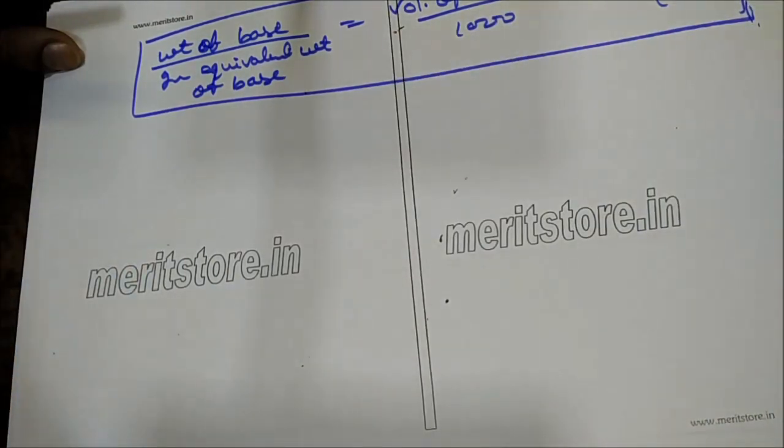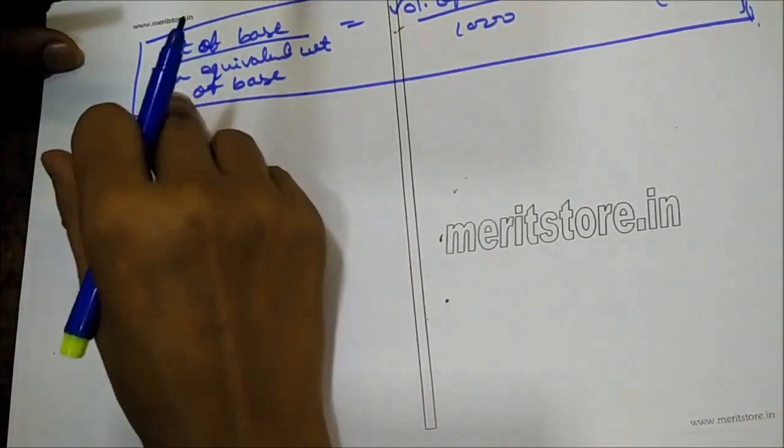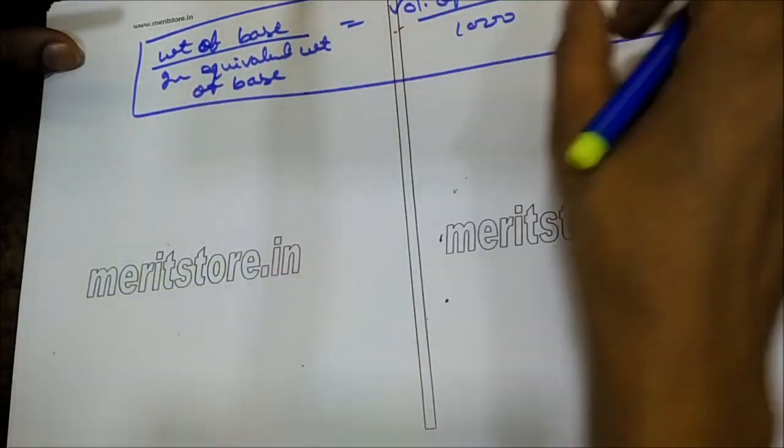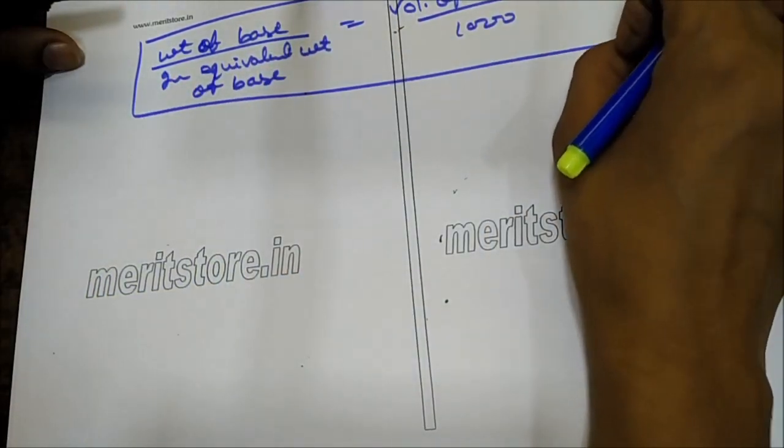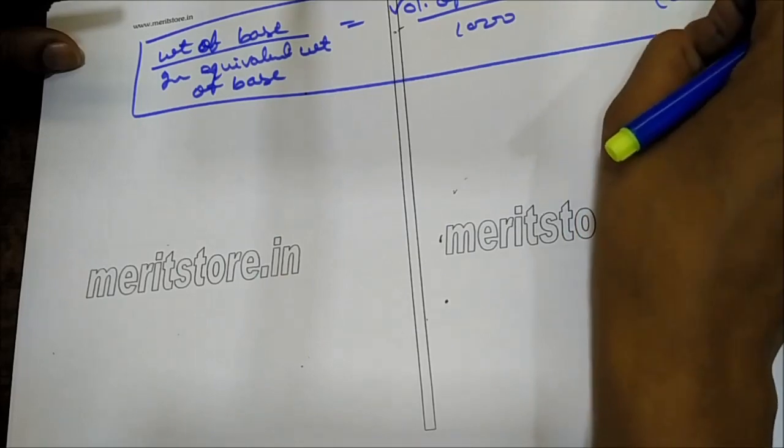If the weight of acid is given, then we'll write weight of acid upon gram equivalent weight of acid, and Vn, where V is the volume of acid and N is the normality of acid, divided by 1000.